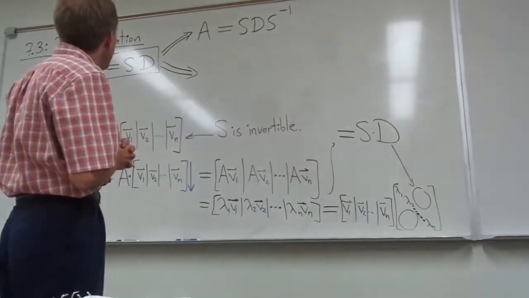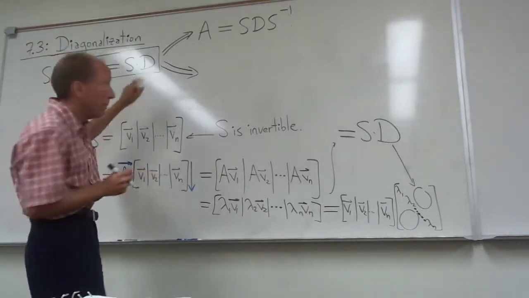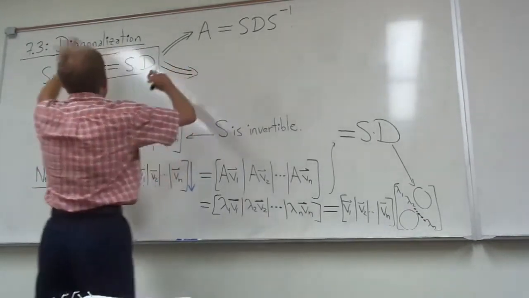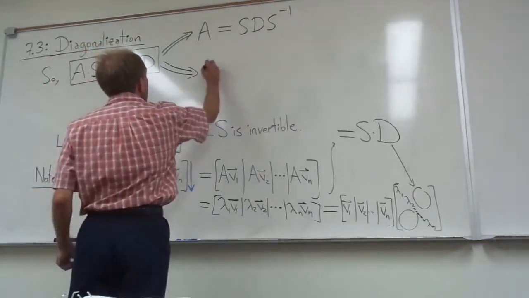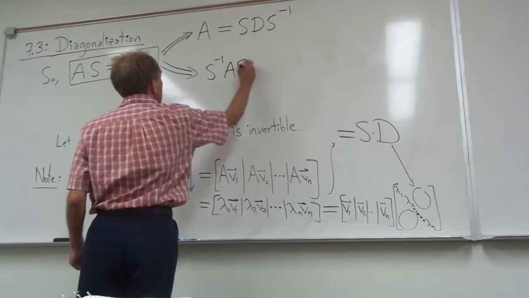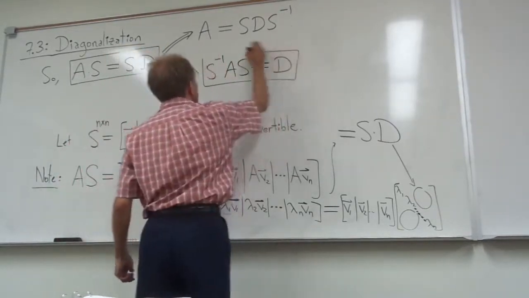Another thing you can do is solve for D. To do that, you would left multiply by S inverse on both sides. So you would have S inverse A S equals D. Both of these equations are correct.